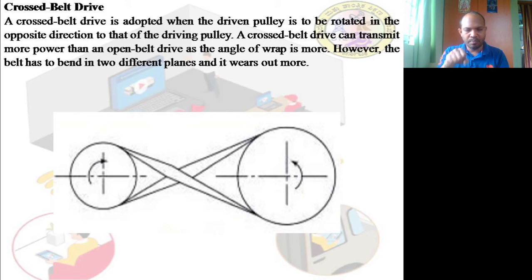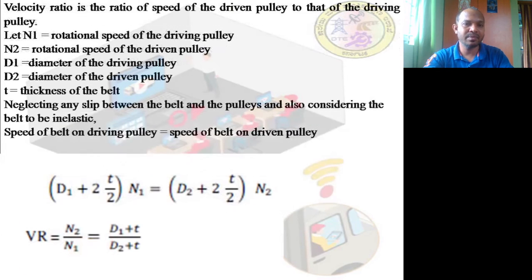When you pedal it, you can rotate in the same direction. If you rotate in the opposite direction, it doesn't rotate the back wheels, isn't it? So such different applications will be there for the cross belt as well as the open belt drives. Now let me talk about the velocity ratio.